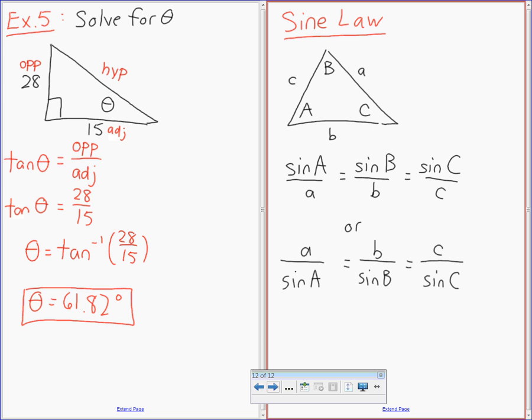The reason for that is you always want to put your unknown at the top left. So if I'm solving for an angle, I'll want to use this one here. If I'm solving for a side, I'm going to use the bottom one there.